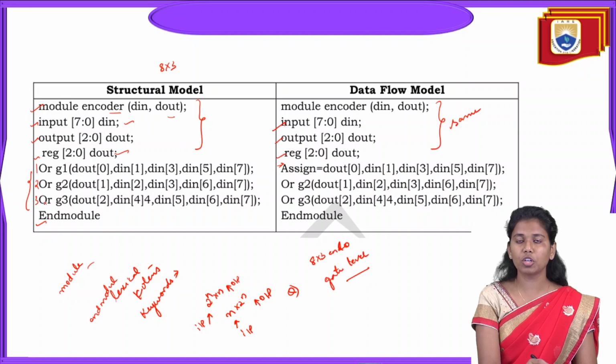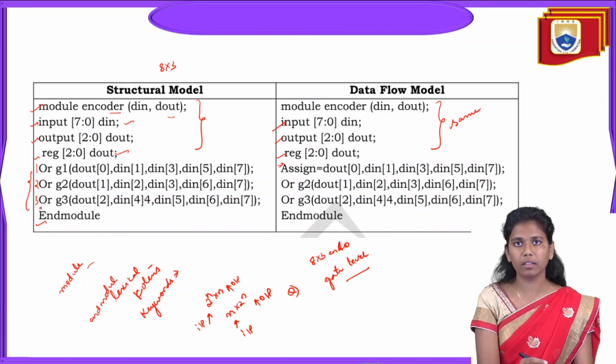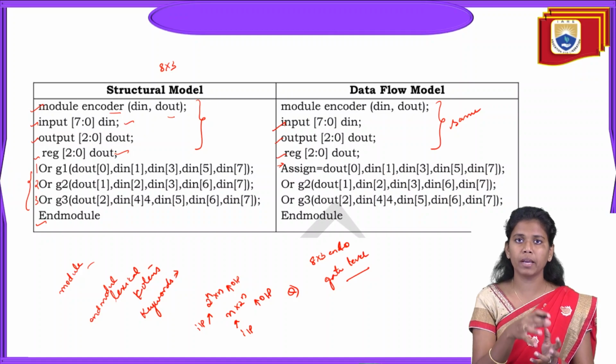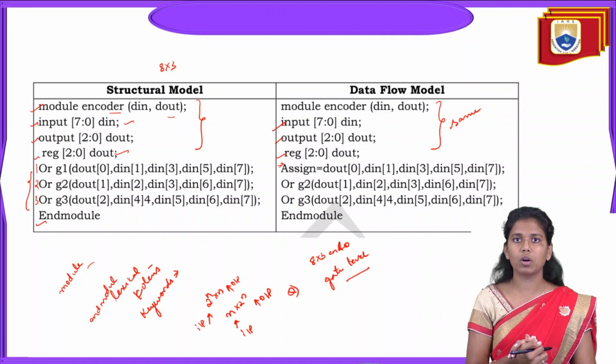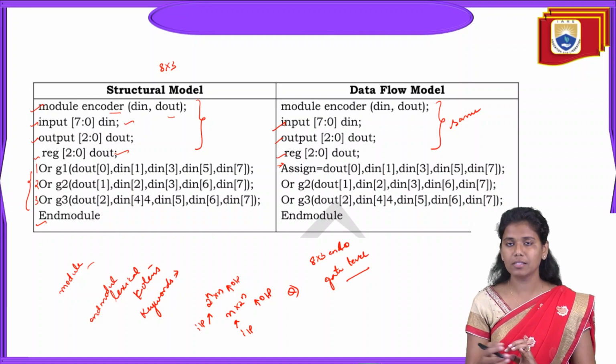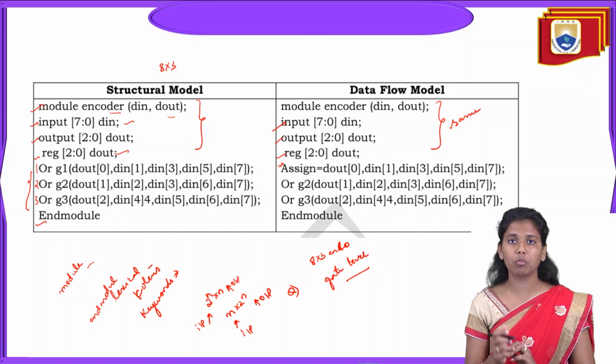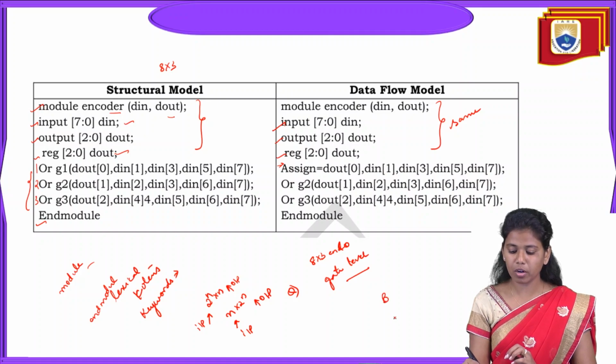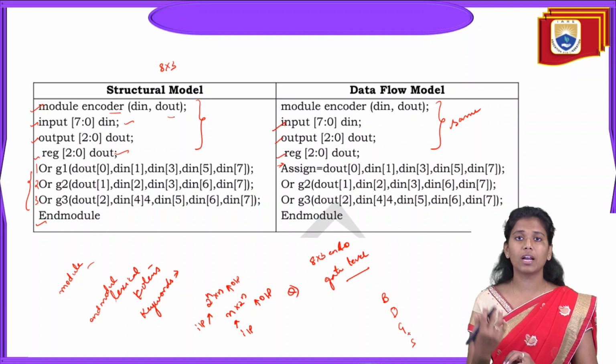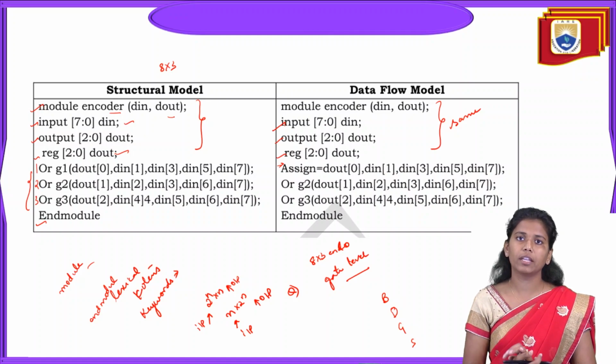In structural modeling, we write the code directly by considering the gates, whatever gates are assigned to us for that particular model. Whereas in data flow modeling, using keywords, as I said, there are behavioral modeling, data flow modeling, gate level modeling and structural modeling, and there are different types of keywords which need to be used when writing your code.